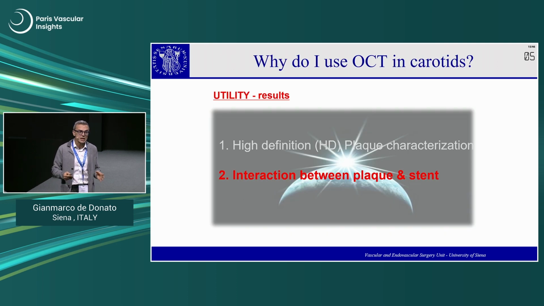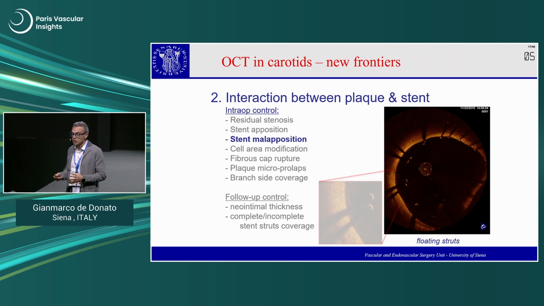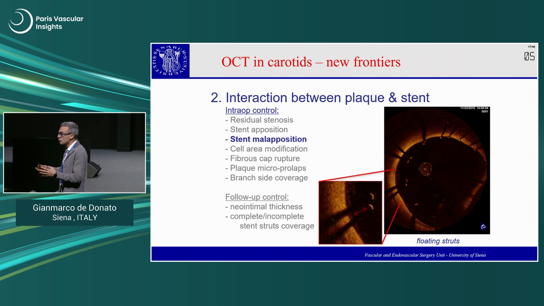But probably it's even more interesting when you try to study the interaction between the plaque and the stent. So this is what we did at that time. We evaluated the stent apposition, the malapposition. Maybe you can have some struts that are floating into the lumen.